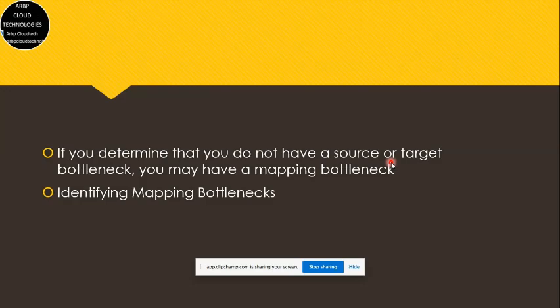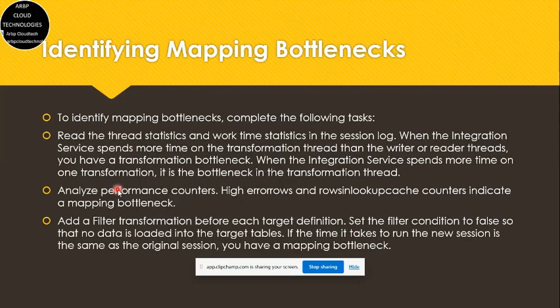Suppose first was the target, second was the source. Now where do we need to check for the bottleneck? You need to check at the mapping level, right? So if you don't have a source or target bottleneck, then you can start checking at the mapping level, correct? So once you identify how to identify the mapping bottleneck, there are some steps.